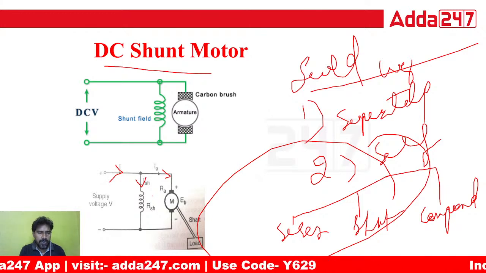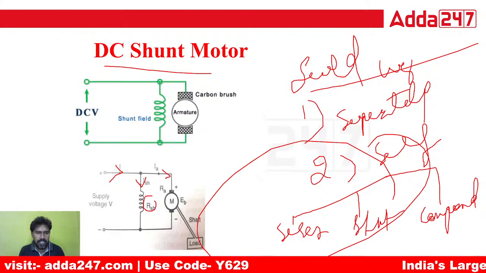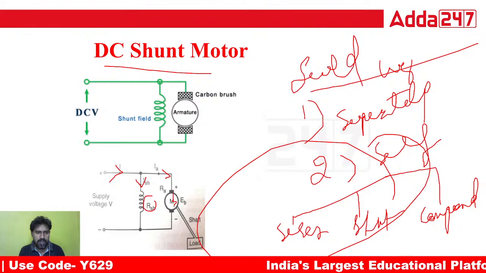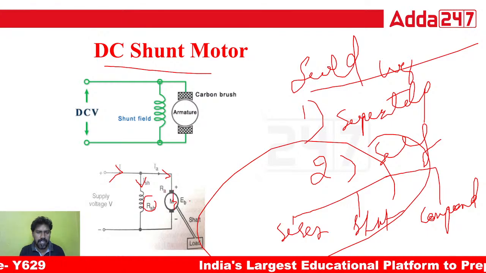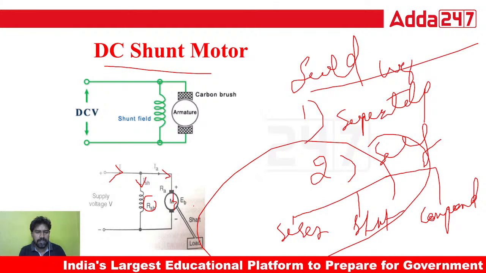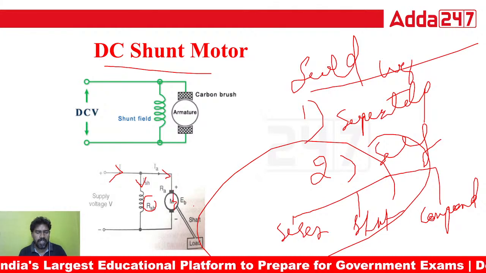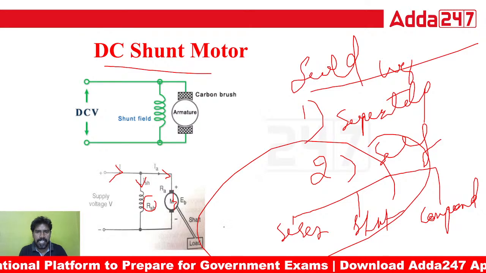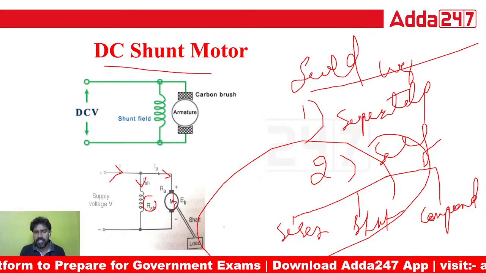The shunt field resistance is RSH and the armature resistance is RA. The EMF induced in the armature, that is back EMF, is EB. Now we know all the parameters, then we are going to draw the characteristics for the DC shunt motor.